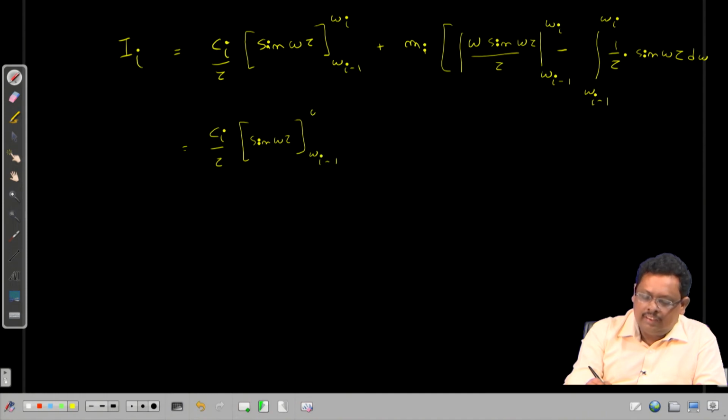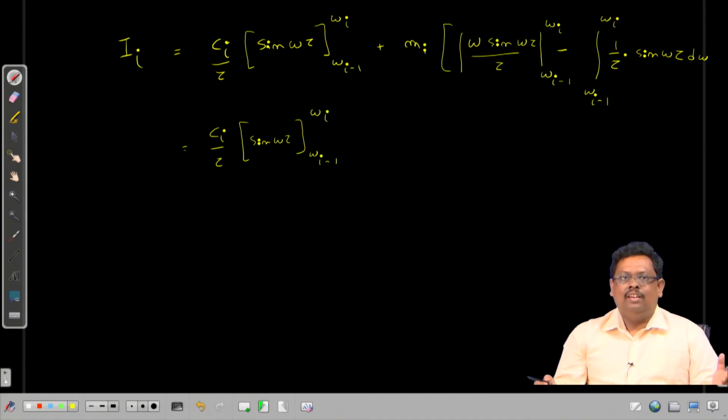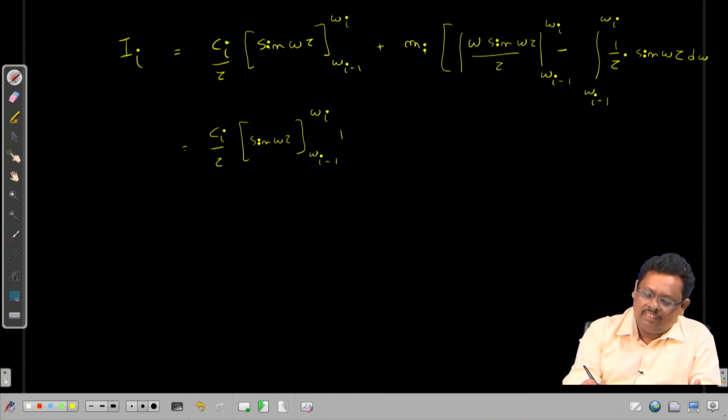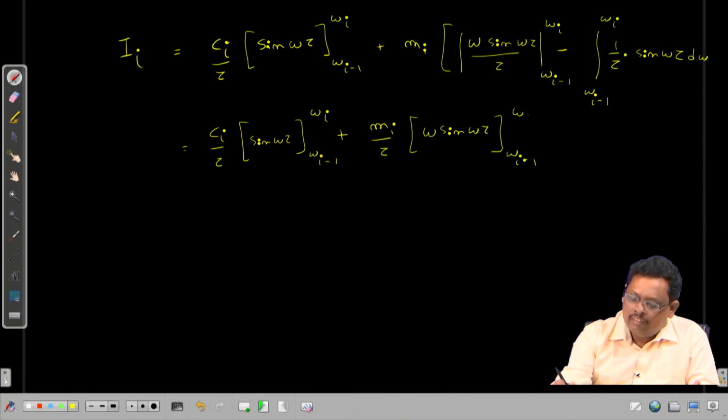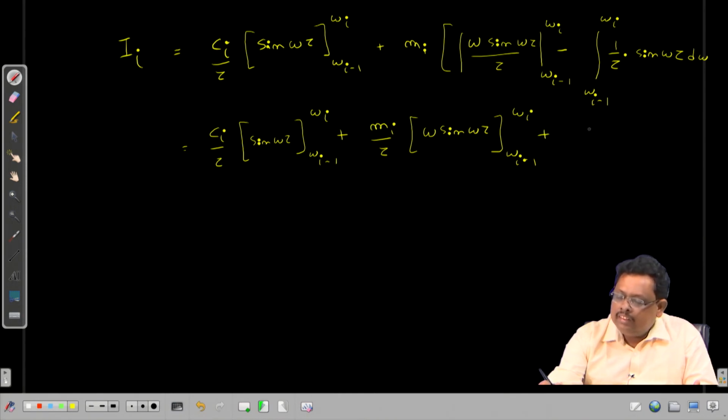These expressions become bigger only because the computer is doing it. Anyways, it is m_i by τ, and then it is ω sin(ωτ), and then it is plus, now here we have 1 upon τ already.